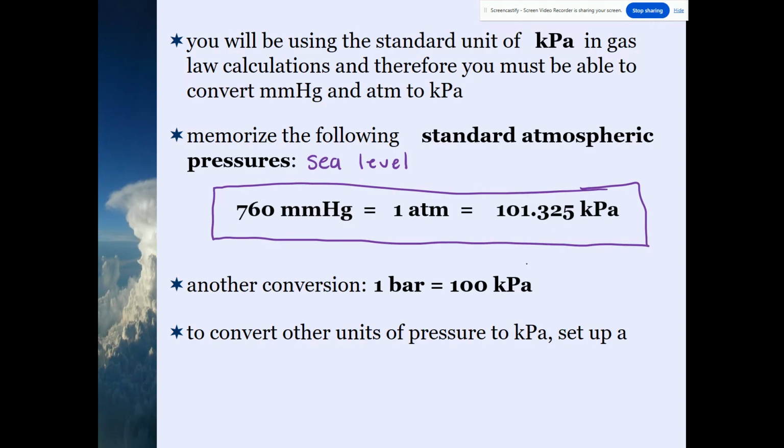Okay, we also have the bar, which is equivalent to 100 kilopascals. Less commonly used is the bar, but you might see it being used. Okay? This, for my students, is on your periodic table, your data booklet on the front, these relationships. But if not, this is something you would have to memorize.